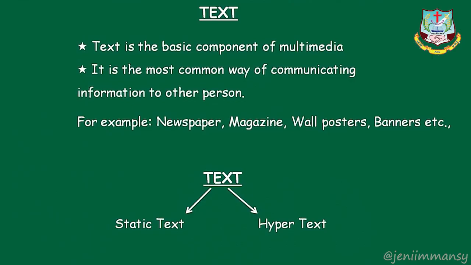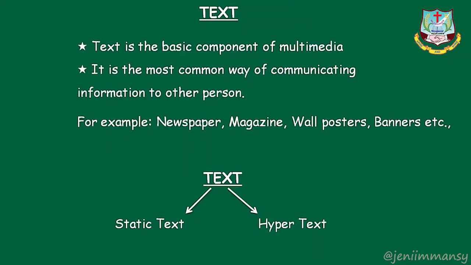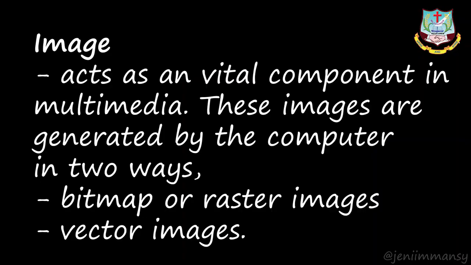And then you can write about image. Inside text we have learned about static text and hypertext. You can just put the heading static text, and you can put the heading hypertext, and you can write the definition for static text and hypertext under the headings, right? And then image. Image acts as a vital component in multimedia. These images are generated by computer in two ways, bitmap or raster images and vector images.